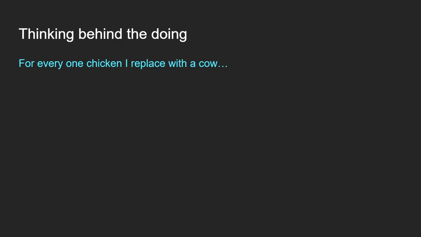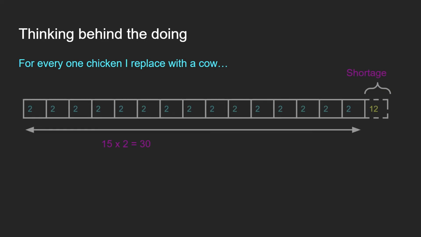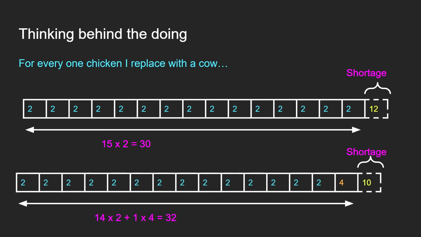So if I replace one chicken with one cow, I will actually remove my shortage by 2. And why is this so? Because you see, a cow has 2 more legs than a chicken.